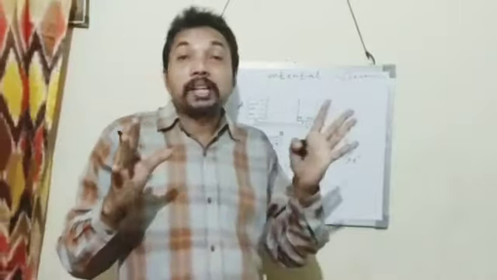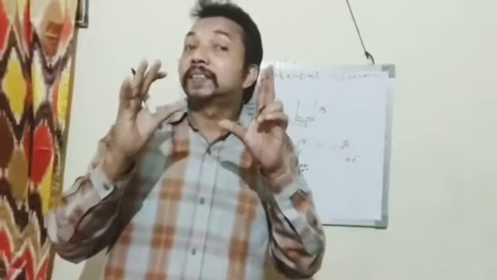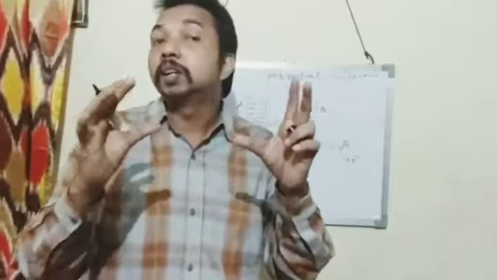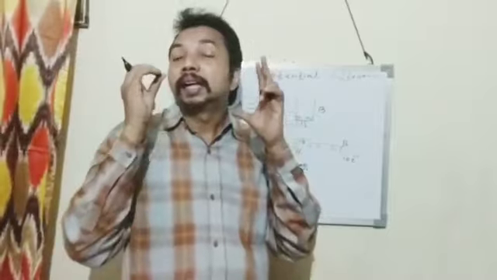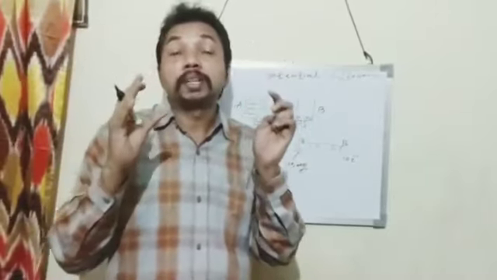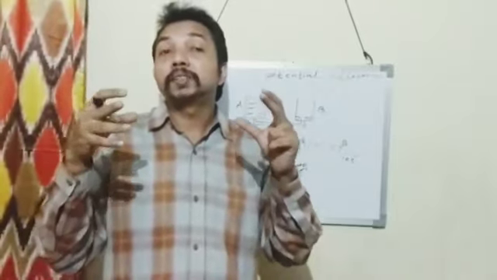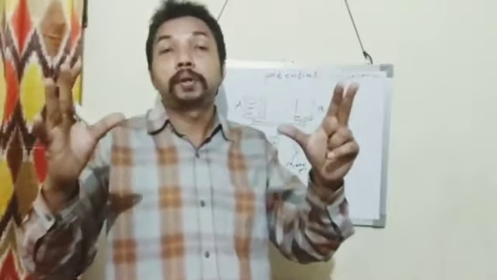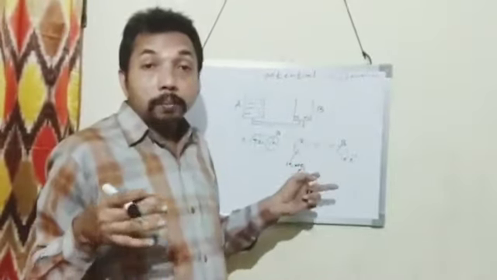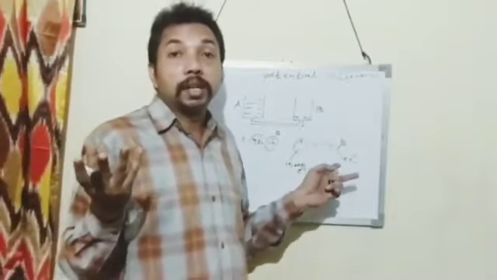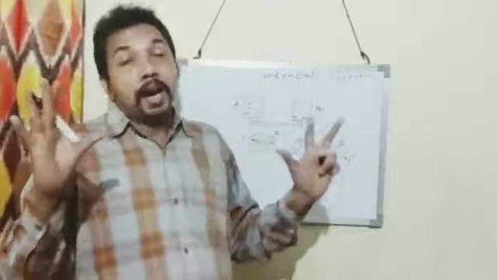So, electric potential is an electrical condition which determines the direction of flow of current. If both the bodies have equal potential, there can't be any flow of charge.